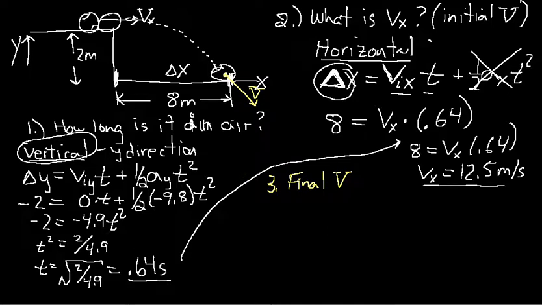That vector v is going to be composed of 2 components. A velocity here in the x direction and a final velocity here, v, in the y direction.